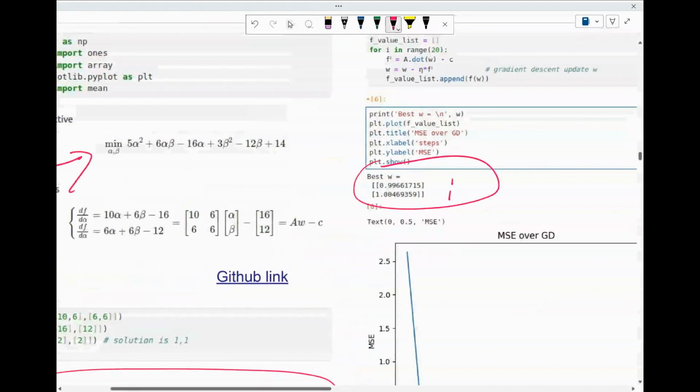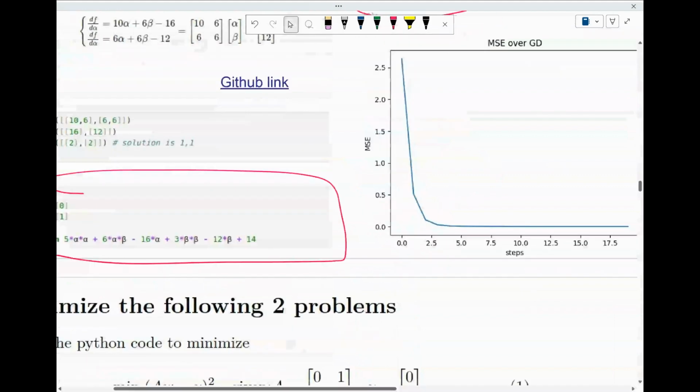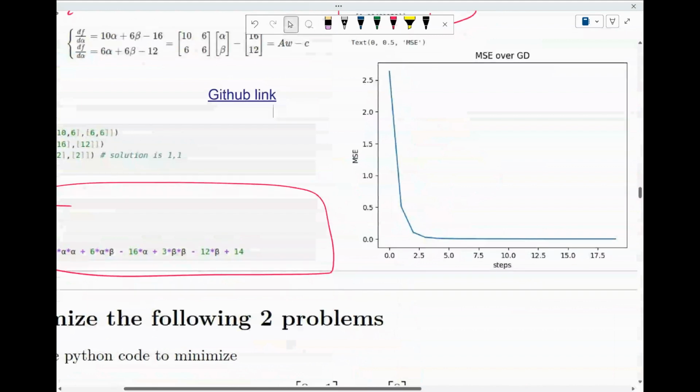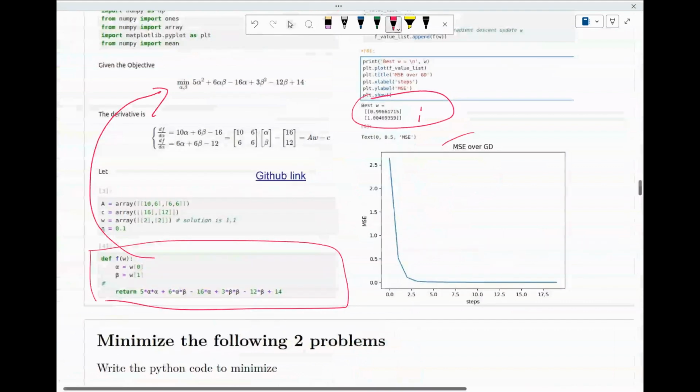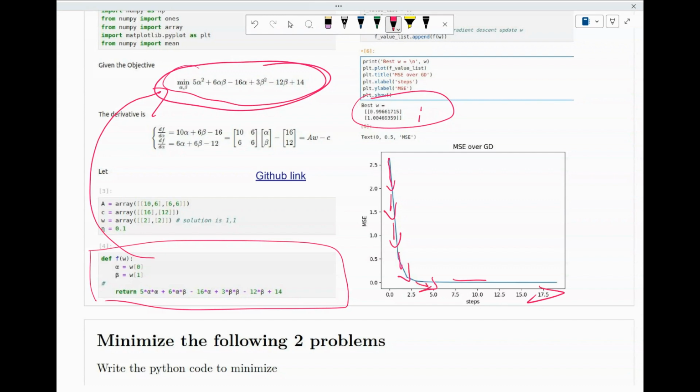If you want the link to this file to play with it, it's right here. I wrote the code for you. And you can see right here that this is the error, right? This is what you're trying to minimize. So as you increase in gradient descent, every step you're taking, the function is going lower and lower and lower with the new W. Every time you get a new W, it's going lower, right?